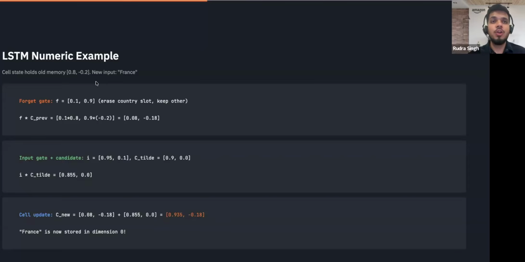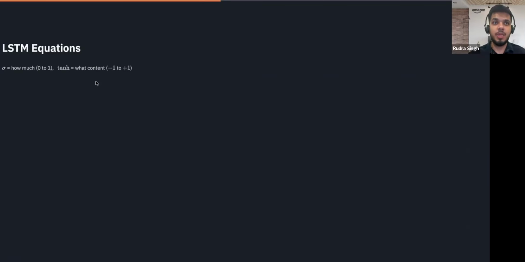Okay, so let's move on to our next slide, which is LSTM equations. Quick thing to keep in mind before we look at the equations is that sigma always outputs a value between 0 and 1, and tanh always outputs a value between minus 1 and plus 1. You can think of tanh as the content, the actual values you want to store or read.